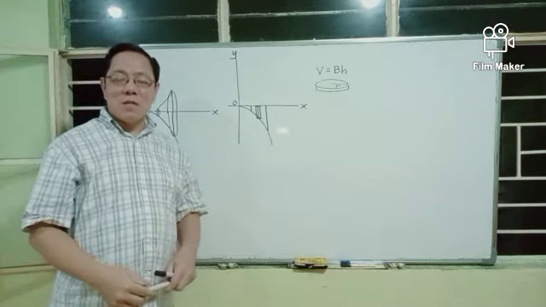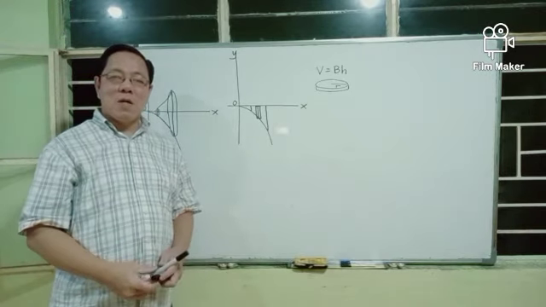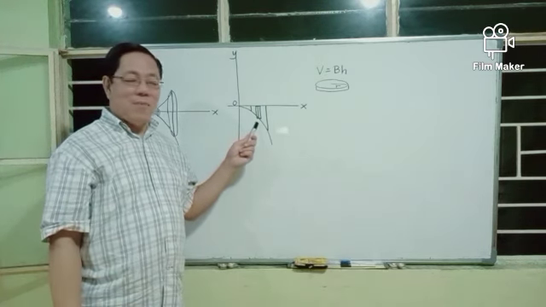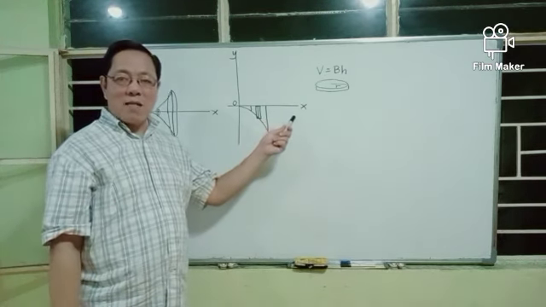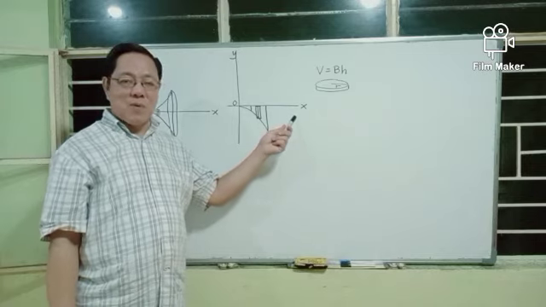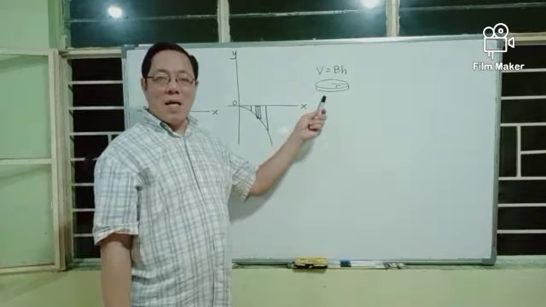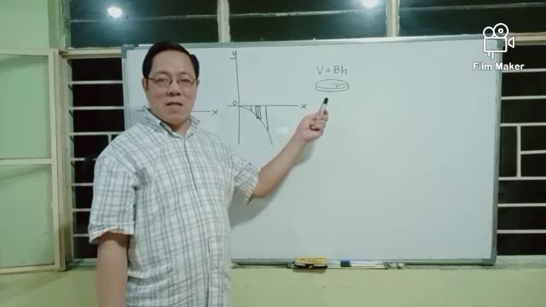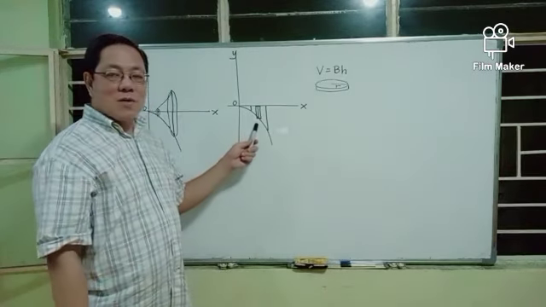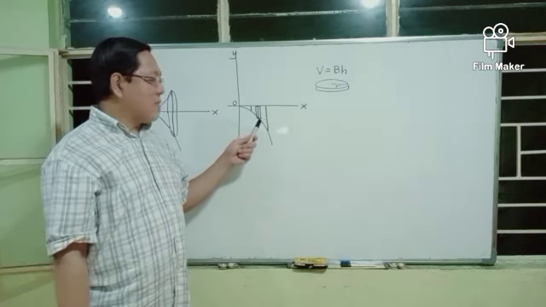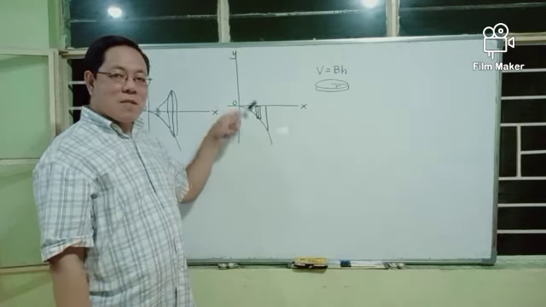Now, the reason this method is called the disc method is because if you revolve this rectangular element of the area about the x-axis, or about the axis of revolution, what you will generate is a disc like this. So let us construct a disc by revolving this rectangular element of the area about the x-axis.